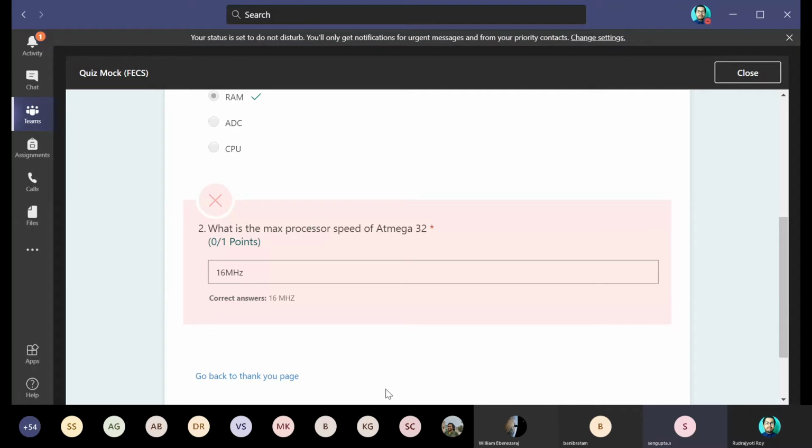So this is a good lesson, that this is case sensitive. I wrote 16, then a space, and then capital M, capital H and small z. It is showing correct. It is accepting it, but it requires white space.